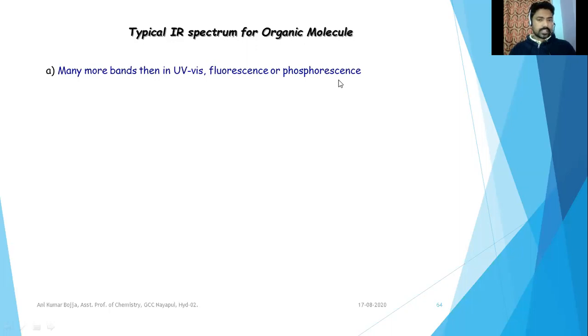Of course, that may be possible, but once the molecule is activated to a higher excited state, more than the first excited state, if it is excited to the second, third, fourth excited levels, it immediately comes down to the first excited state level.